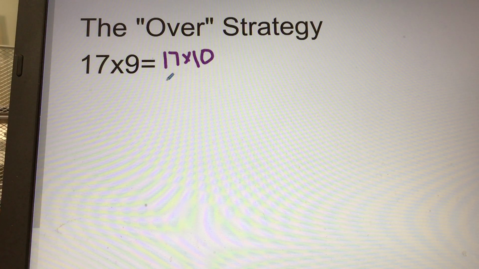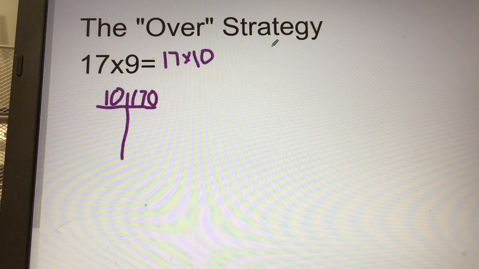Okay, so here it is in an area model. So what I would do, again, just like the 5 is half of 10, I'm going to start with my 10 fact. I know that 10 times 17 is 170.